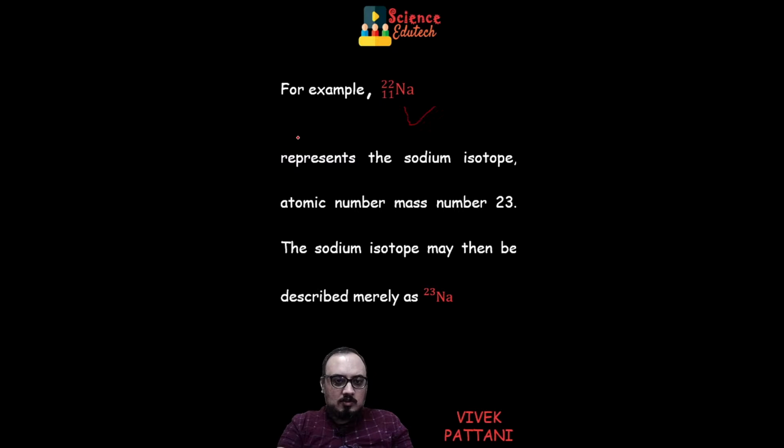This isotope is of sodium, where the superscript to the left of the chemical symbol indicates the mass number, while the subscript to the left indicates the atomic number Z. In this case, the sodium isotope has mass number 23 and may be described merely as sodium-23, whereas 23 is the mass number and 11 indicates the atomic number.